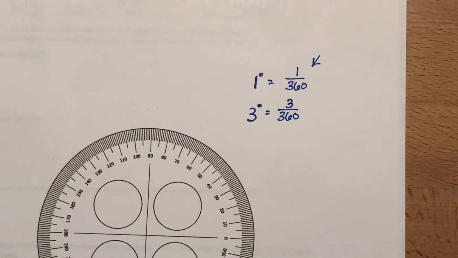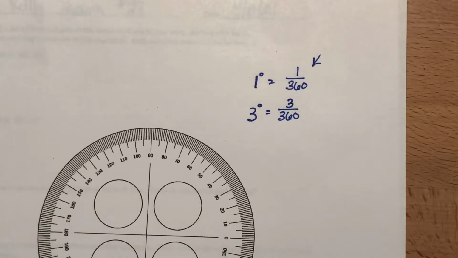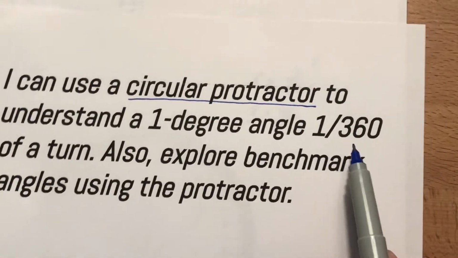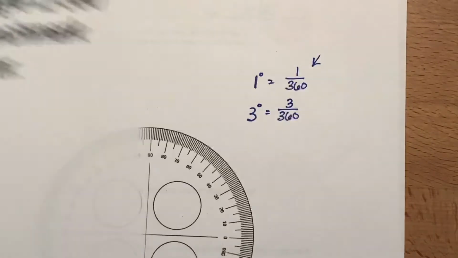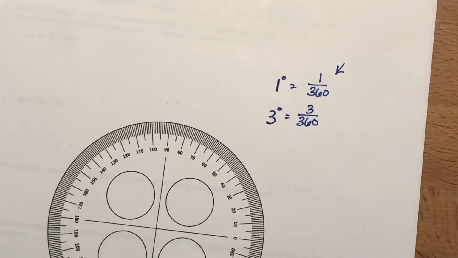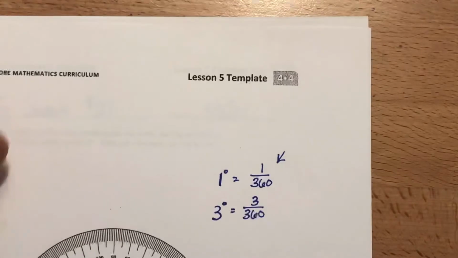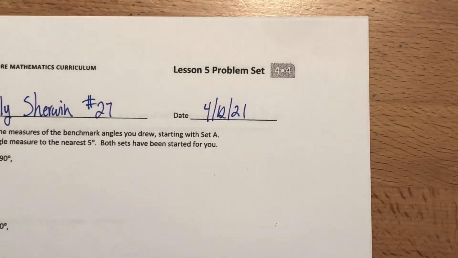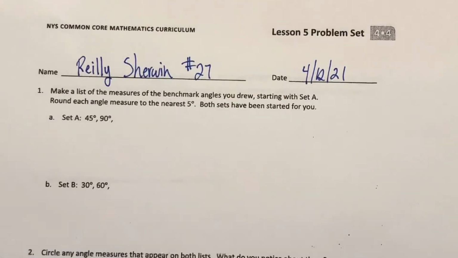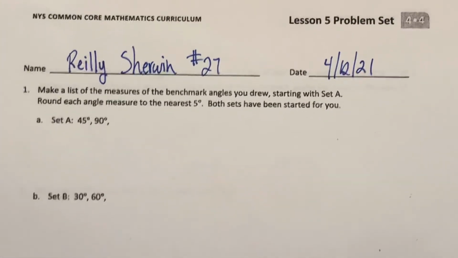So we want to talk today about benchmark angles. Right off the bat, you've been introduced to the idea that 1 degree of an angle is equal to 1/360th. So those are all about pieces. Now I want to talk about benchmark angles, so let's take a look at our problem set to do that. Here we go. I can see benchmark angles.